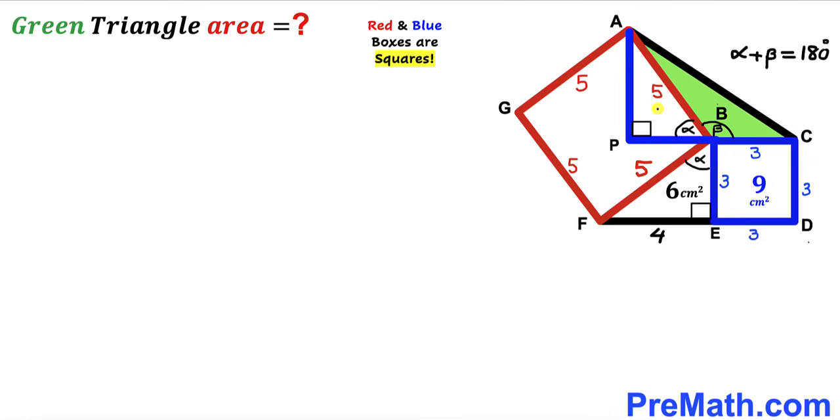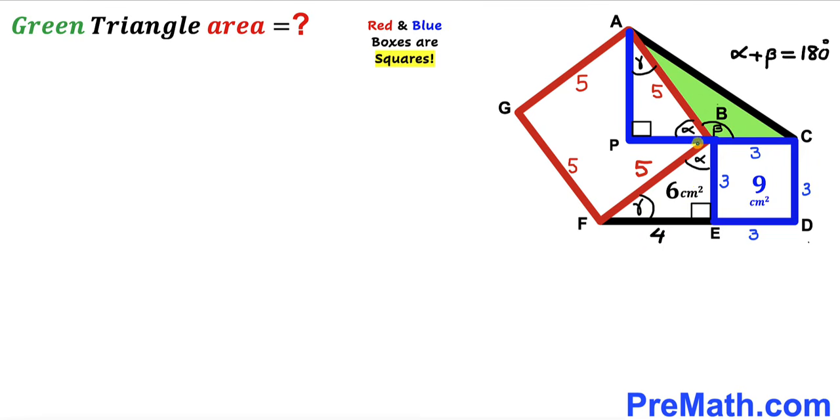Now let's focus once again on triangle APB. We know this angle is alpha, this is a 90 degree angle, and I'm going to label this angle gamma. Then alpha and gamma are complementary angles, so the sum of these two angles must be equal to 90 degrees. So in triangle BEF, this angle has to be gamma as well.